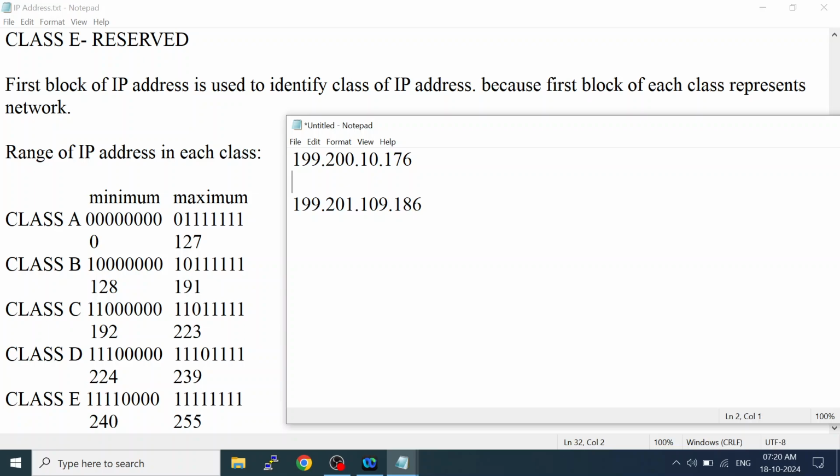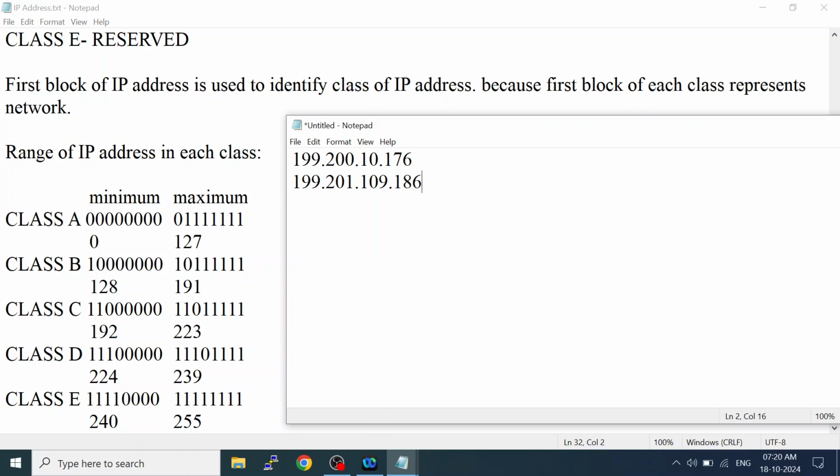Now tell me, are both the IP addresses in the same network or a different network? How many of you think same, and different? They are in the same class, not in the same network. Okay. Then how will we identify whether they are in the same network or a different network? First tell me which class it belongs to.